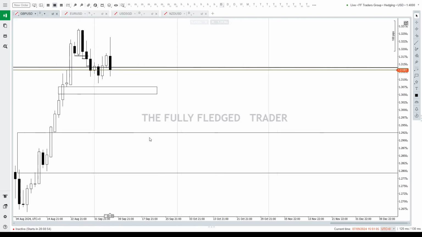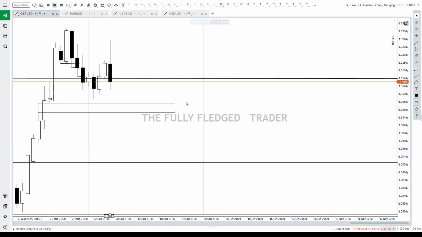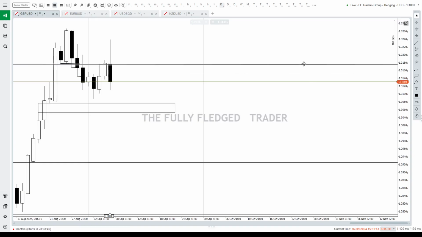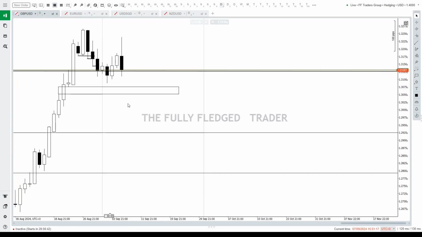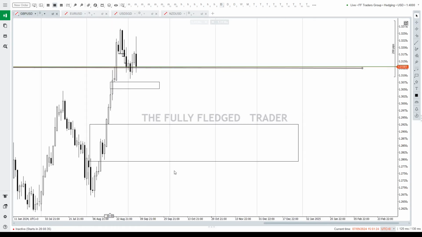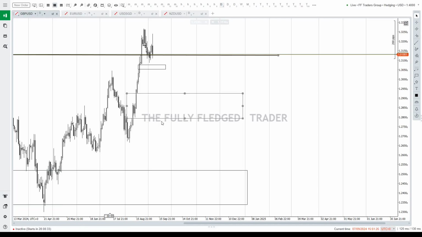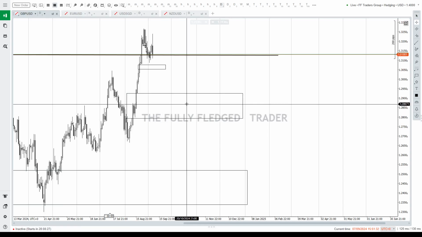So for now, this is what I have for the British pound dollar and the USD in terms of price action. I'm very bearish up until I see maybe a change in market structure as we trade into next week. But for now, I'm very bearish in terms of my model there, that is to say 1.2850 at least.